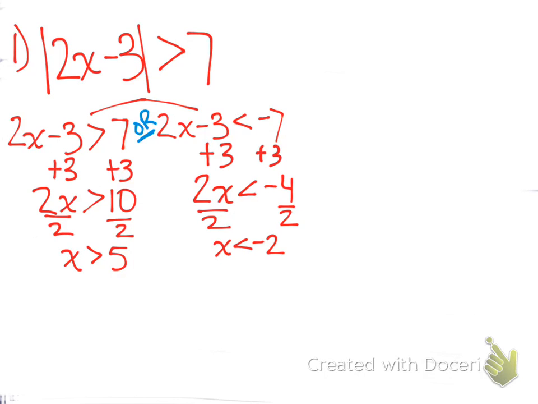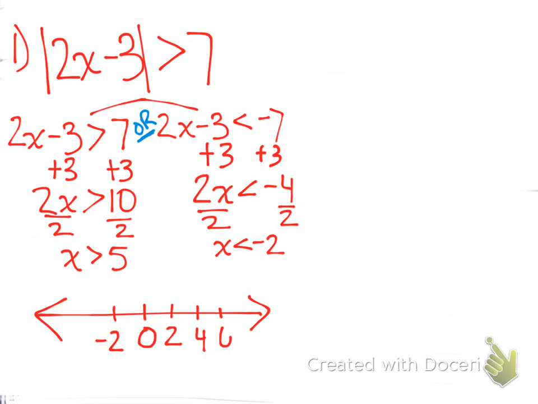Okay, so our last part is to graph it on a number line. Graphing or inequalities is the easier one because we don't have to worry about an overlap. We just have to worry about graphing both of them on the same number line. I'm going to count by 2s. If you want to count by 1s, that's fine. Let's start with the inequality on the left. Do I want an open or closed circle at 5? Open.